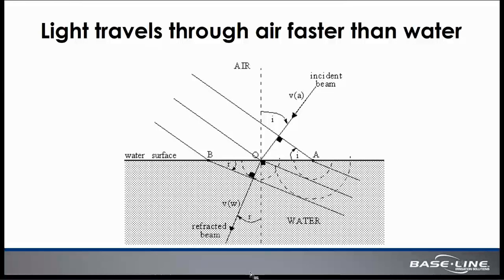That's because the light is traveling faster through the air than the water, and it creates that illusion that the pole is bent. So the same principles apply in the technology that we're employing, and we're again able to accurately measure the amount of water that's being held between those soil particles and the soil structure.